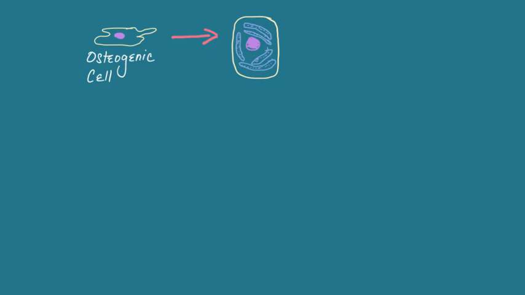Now let's take a closer look at all the bone cells. We'll start with the osteogenic cell. The osteogenic cell gives rise to the osteoblast. The osteoblast is the developing bone cell. However, the function of the osteoblast is to make the bone. It does this by making the protein collagen and releasing it. Collagen is made in the rough endoplasmic reticulum of the osteoblast, which is shown here in blue.